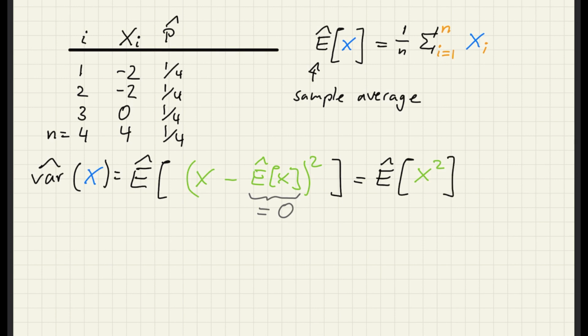We know how to compute a sample average, right? We add everything and then we divide by the number of observations. Before we were adding all the x's, now we want to add all the x squares. So what we want to do here is add a column with all the x squares.